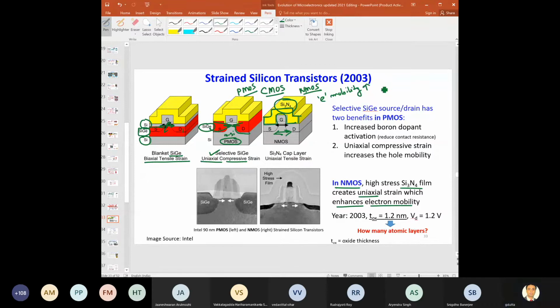Whereas for this PMOS, when you make the silicon germanium selective source and drain, you create the compressive strain and it increases the hole mobility. Because if the mobility is more, current will obviously be more.